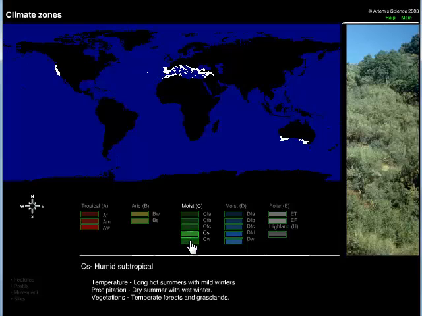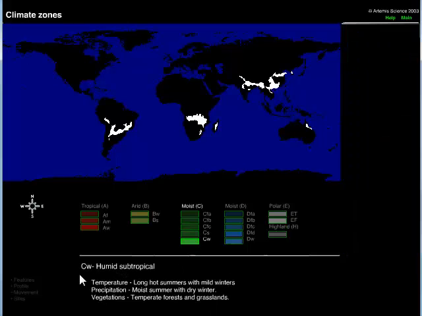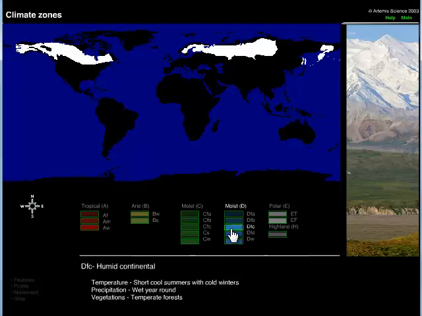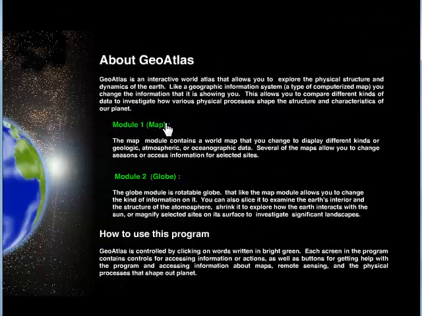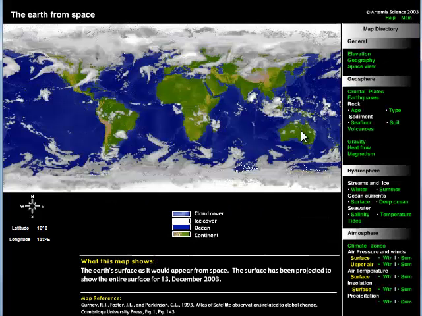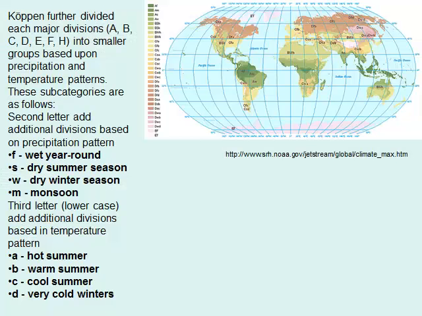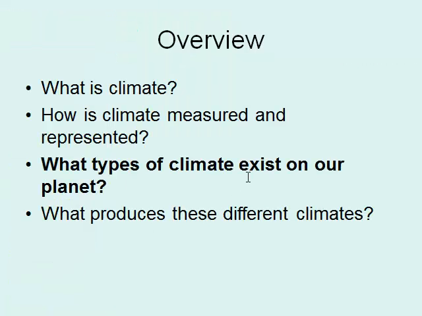And here you can see as you click on these different ones, you see a different description of what conditions are like in those areas, which is pretty neat. So I'll let you guys play around with that on your own time. And again, that's at Module 1 Map, Climate Zones. So those are the main climates. We'll come back in the next video and talk about what produces these different climates.